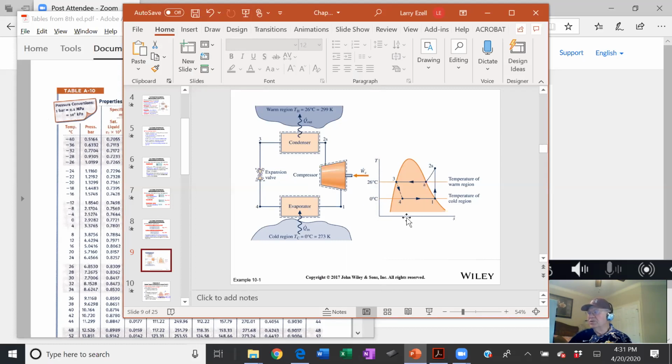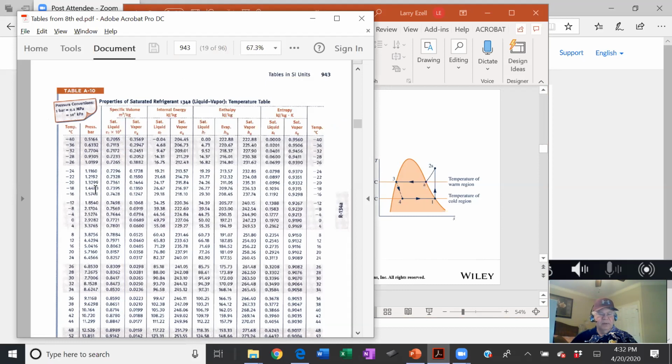Let's do some Mississippi numbers. So let's go to 40 degrees F on the low side, that'd be about 4 degrees C. So that'd be about 2.5 bar. You would want to set your low pressure at 2.5 bar.